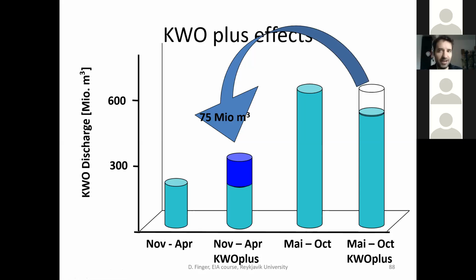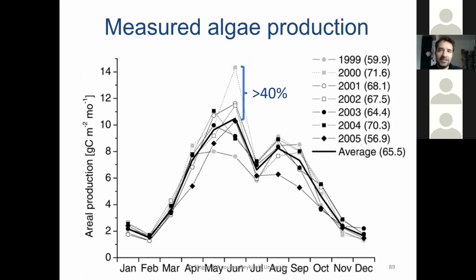And this was, again, an important statement in the environmental impact projection for the new hydropower project. And we then compared this to the natural variability of turbidity in the lake. And we compared the years 1999 to 2005.